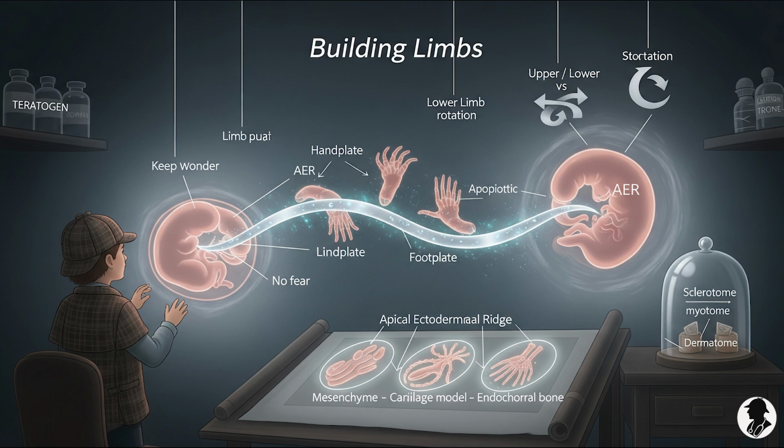The journey of your limbs from a microscopic bud to a fully functional appendage is a testament to nature's intricate engineering. So the next time you wiggle your fingers, stretch your arm, or take a step, pause for a moment to consider the incredible journey those limbs took. From tiny bud to complex structure. From a tiny, undifferentiated bud to the complex functional appendages you rely on every day.